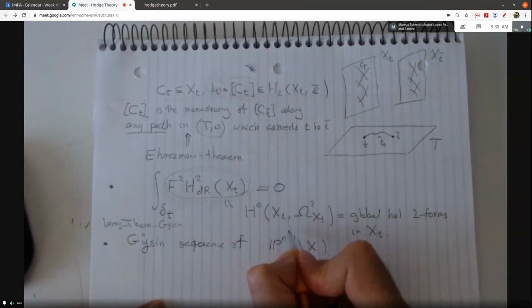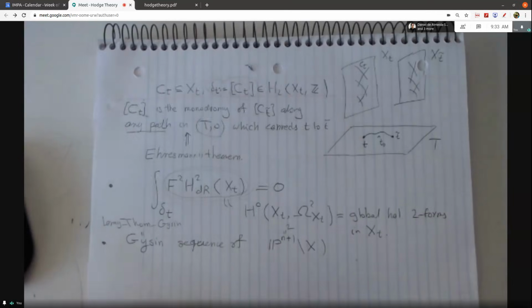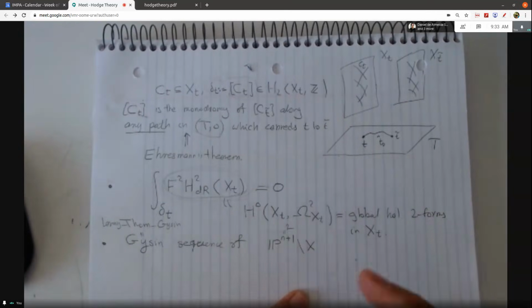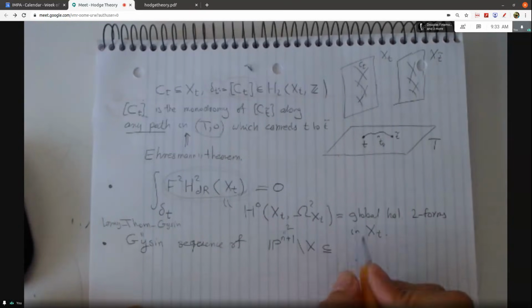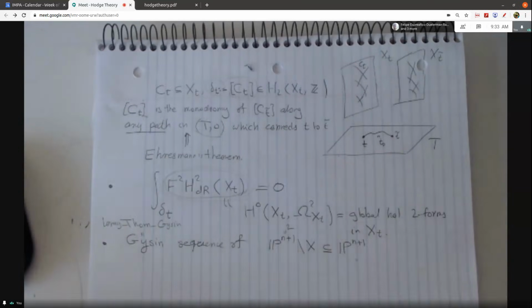So in our context so far, this n has been equal to 2. So I will consider hypersurfaces of degree d and dimension n. So I will write the Gysin sequence of this one inside P^(n+1).